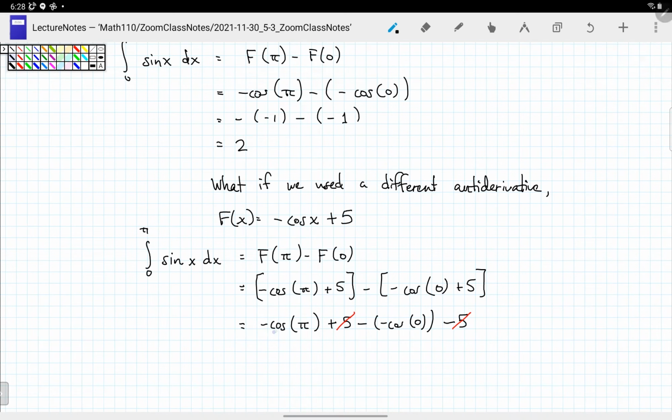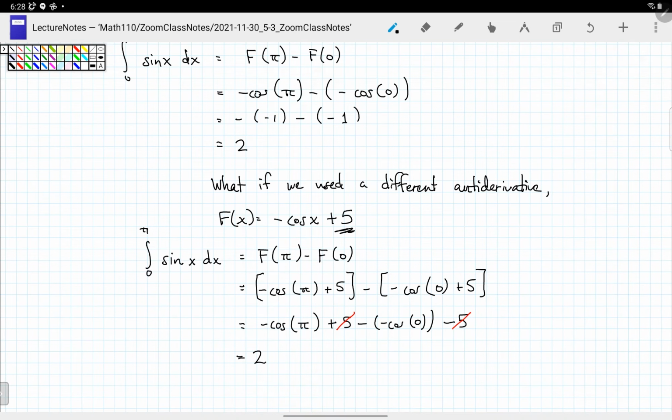So it still ends up being negative cosine of pi minus negative cosine of 0, and we get the same answer. So even if we add another constant, it doesn't matter. It's going to come out. Those constants are going to get lost in the subtraction.